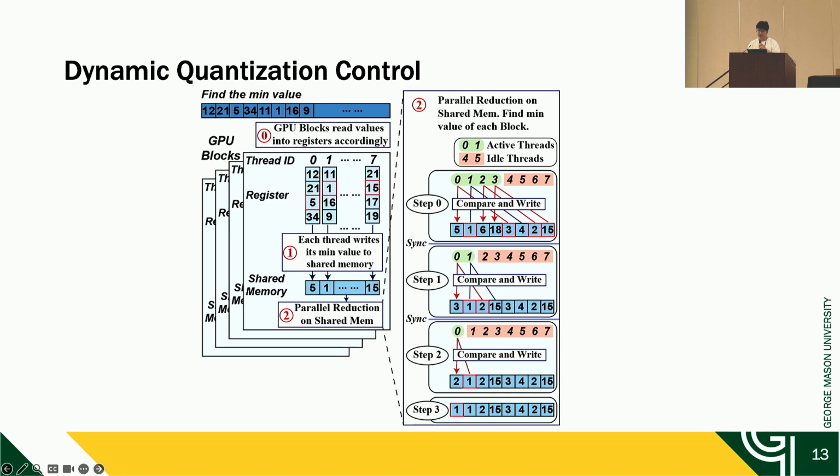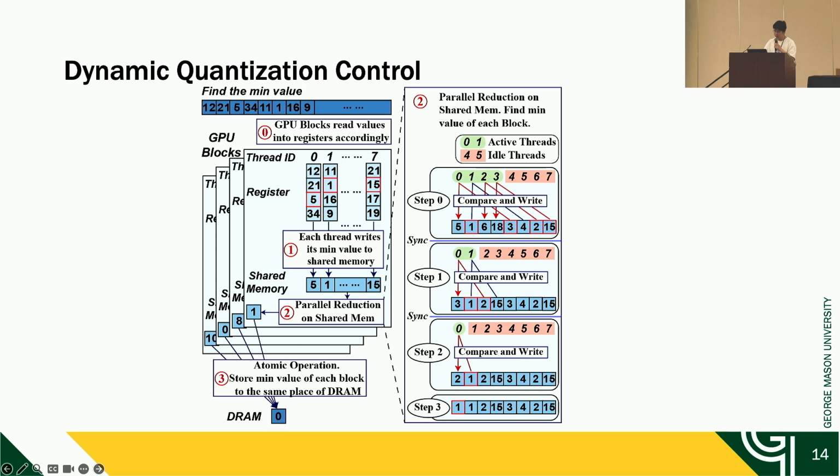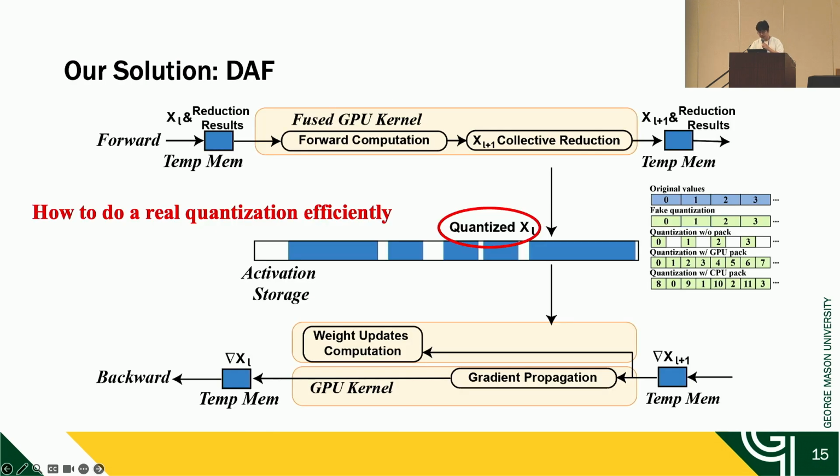After log steps, the minimum value ends up at the beginning of the list. Finally, we use an atomic operation to store the minimum value in DRAM. The whole approach avoids the limitation of traditional GPU kernels, which typically rely on a single thread for reduction, as we said, and it also reduces the number of DRAM accesses, thereby improving efficiency.